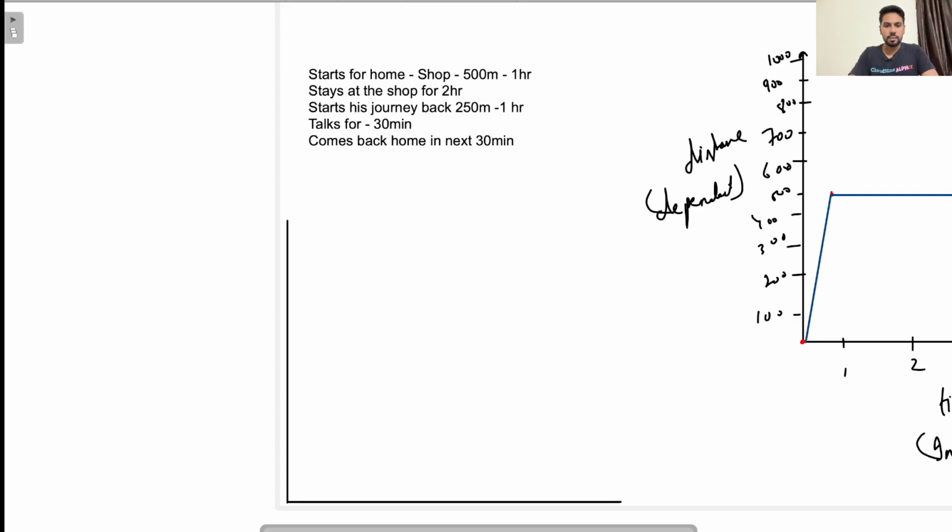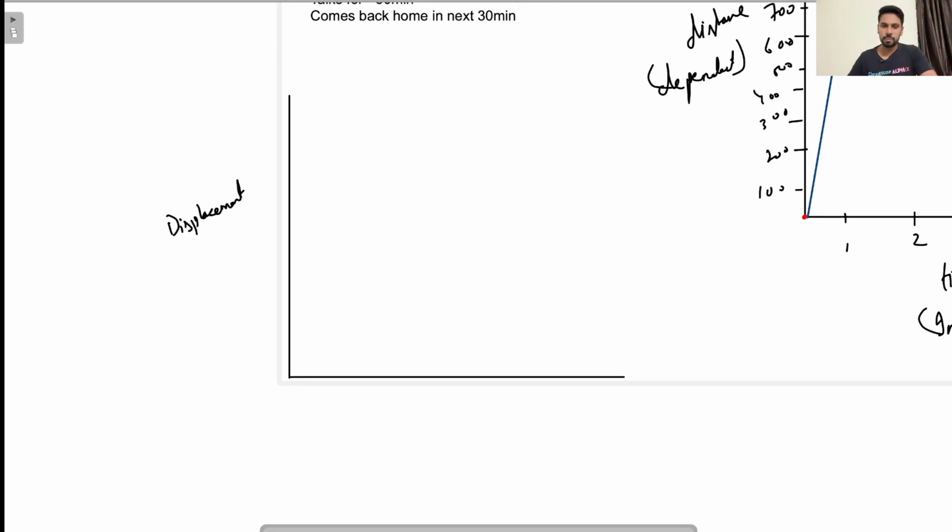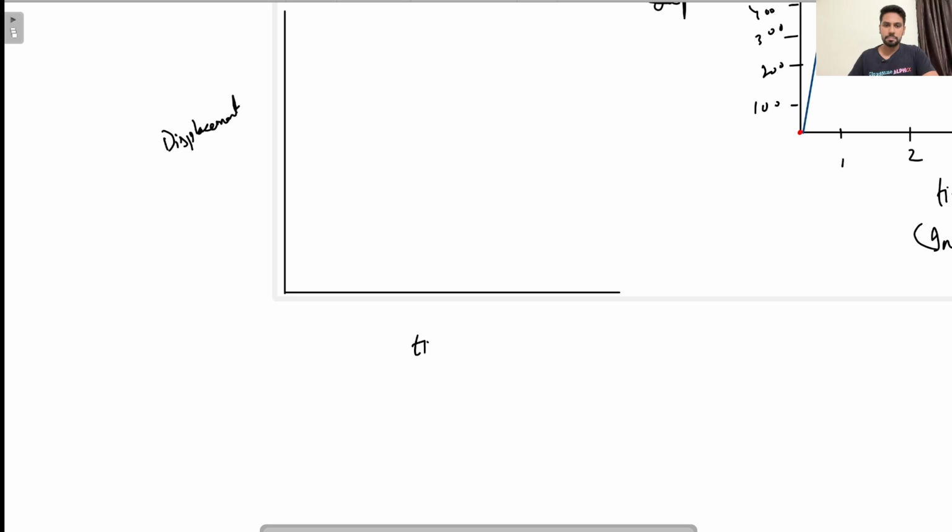As usual, the y-axis is my displacement now. It was distance in the previous case. Now the y-axis is displacement, because I am making a displacement time graph, and this is your time. Again, time is your independent variable and displacement is your dependent variable.